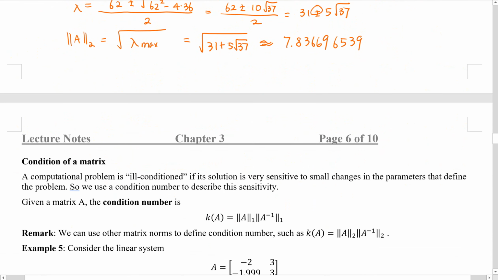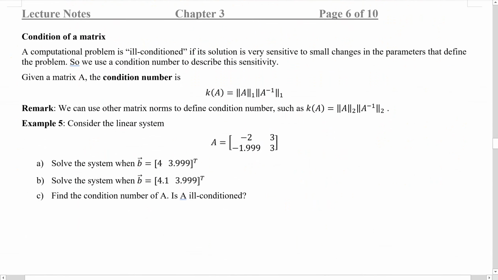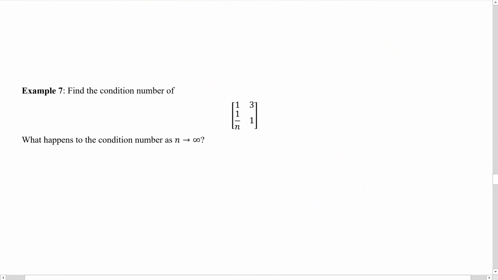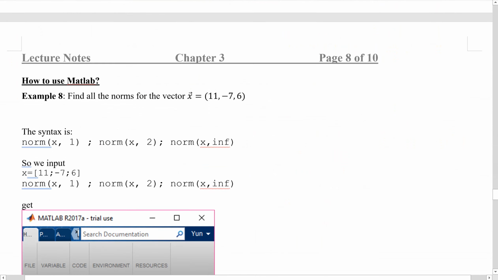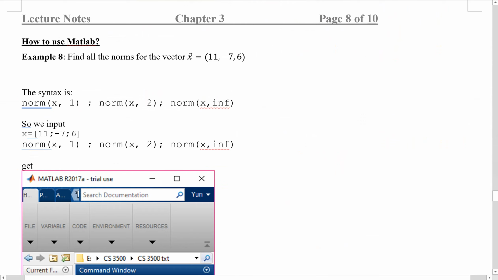So before we get into the next topic to talk about condition of a matrix, I want to show you how to use MATLAB or Octave to compute norms. How to find norms of this vector? Well, the syntax is we just put norm x comma 1. So this is the L1 norm.